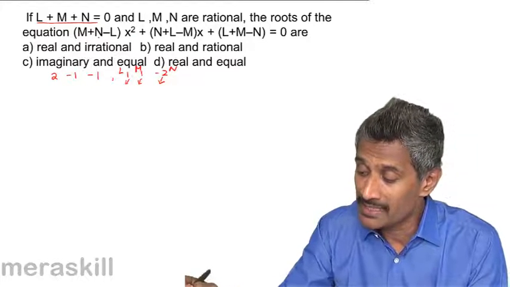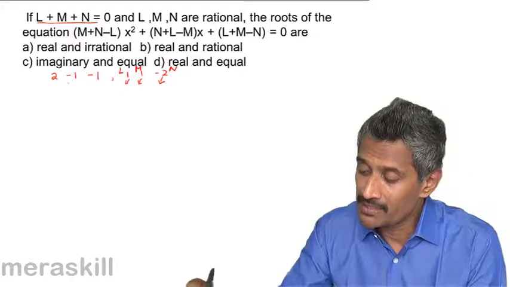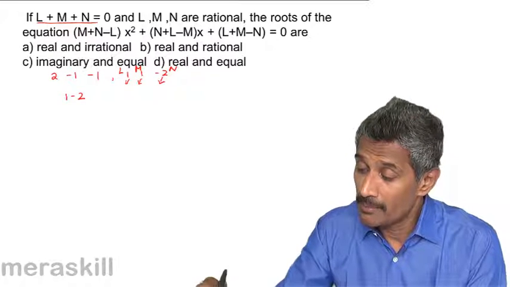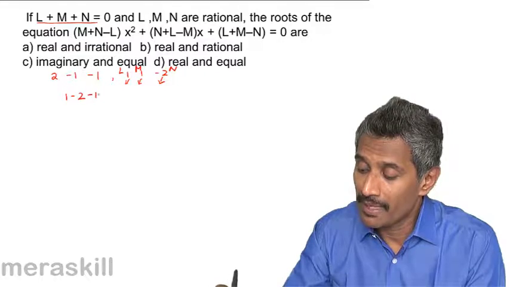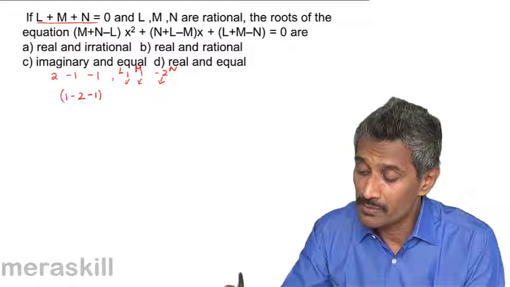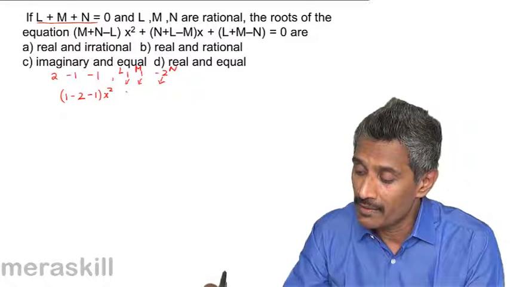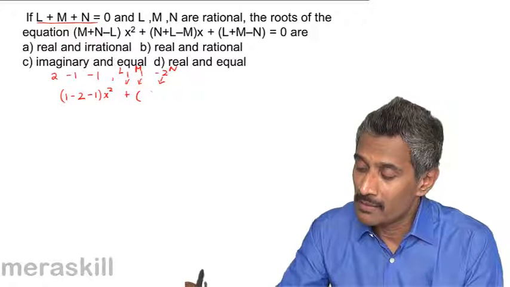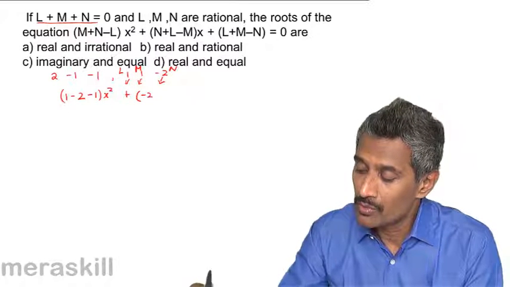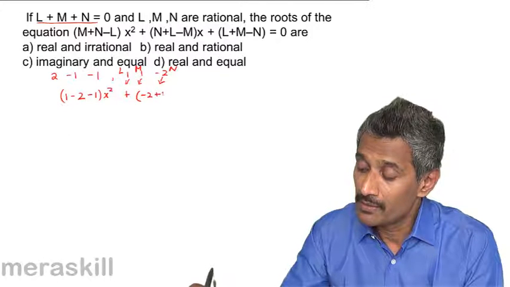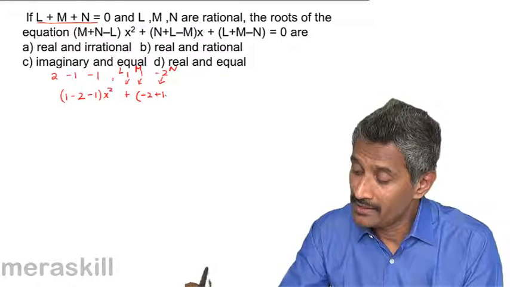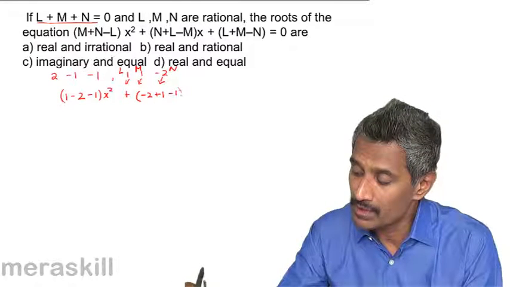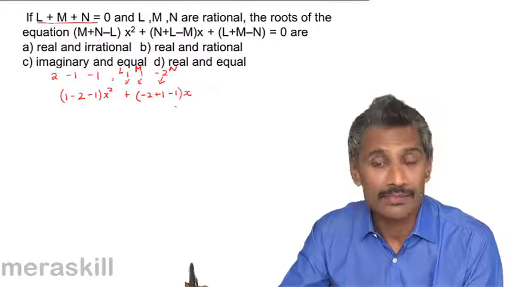So M plus N, that is 1 minus 2, minus L, that is minus 1, so the first one becomes minus 1 into x squared, plus N plus L minus M, that is minus 2 plus 1, which is minus 1, and you have minus N, so into x.